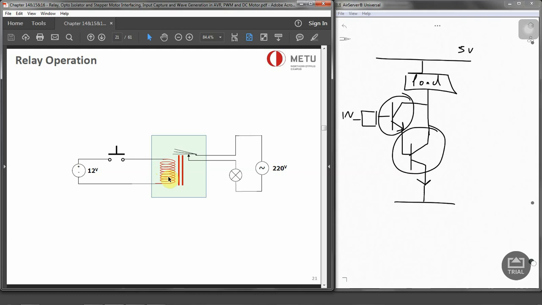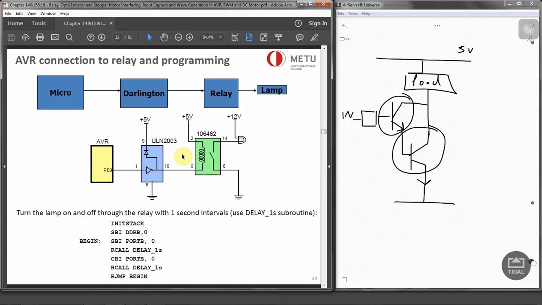And when the coil is de-energized, the spring pulls the armature to its normal state of open or closed. So as I mentioned at the beginning of this section, we need to have some kind of interface between the relay and the microcontroller, for which we generally use Darlington drivers.